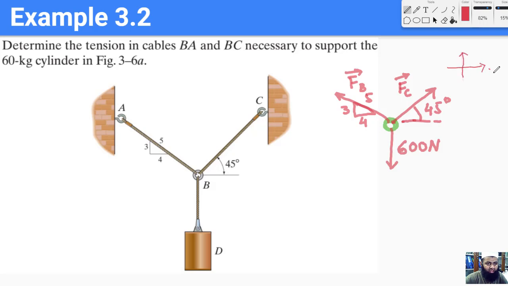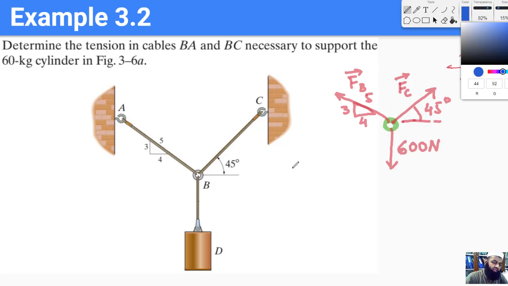So this is my x-axis and this is my y-axis. Okay, and I am assuming that my positive x axis is in this direction, the positive y is in this direction. Again, this is a pretty arbitrary choice. I can choose any type of axis that I like, but of course this is the most common choice that most of us would be making.